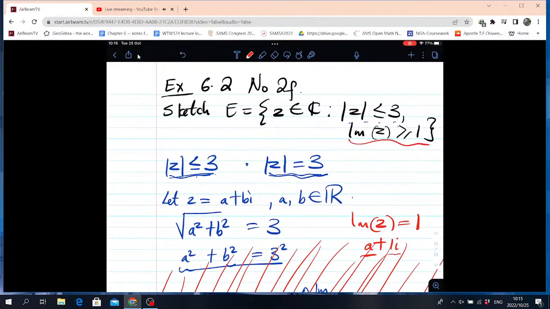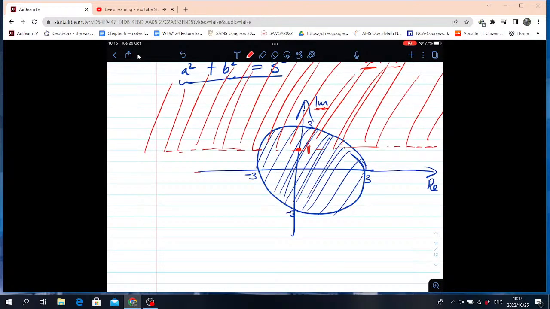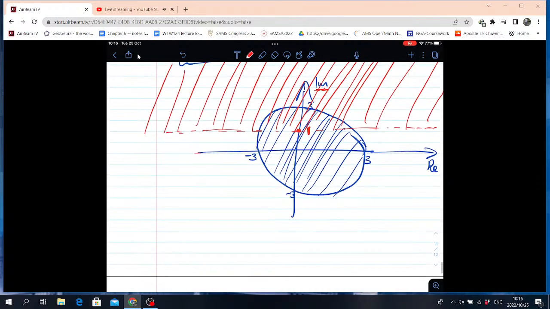Now, to find out which ones are going to satisfy both, we just need to find points where we find all the shades, right? So we've got the blue shade and then the red shade. And so the points that we actually want are the ones that are here.